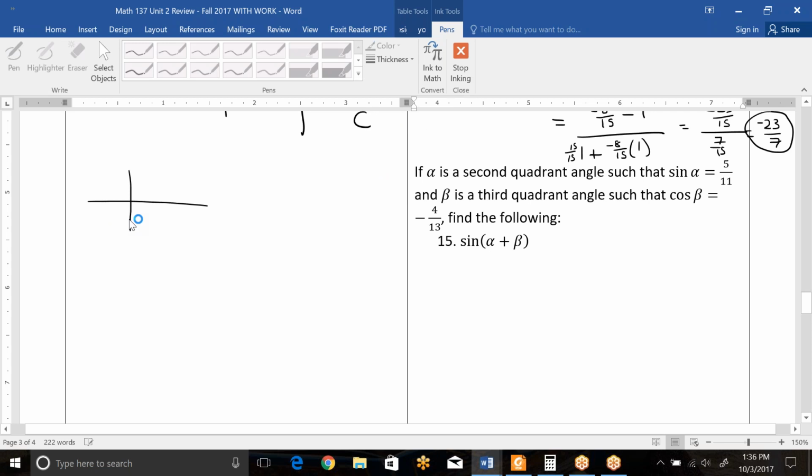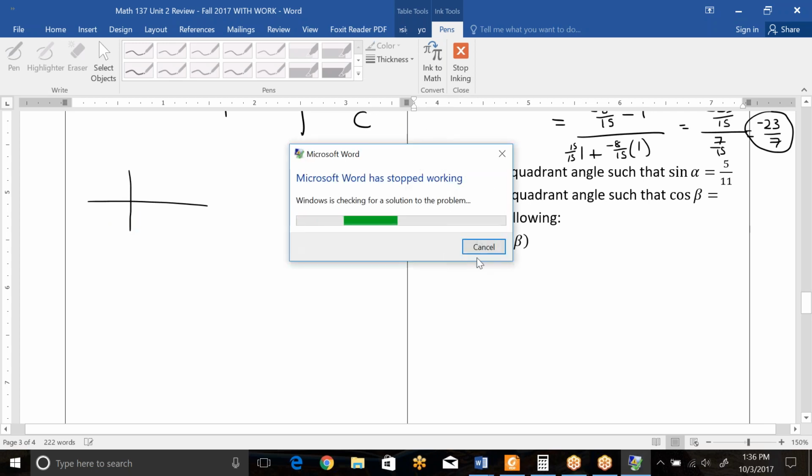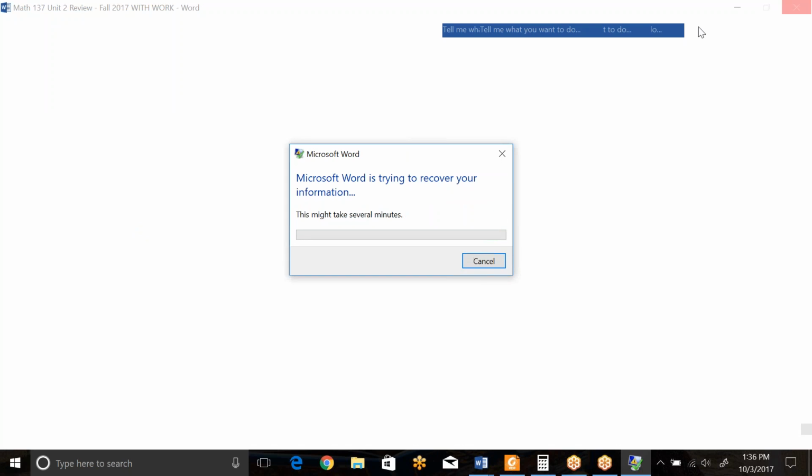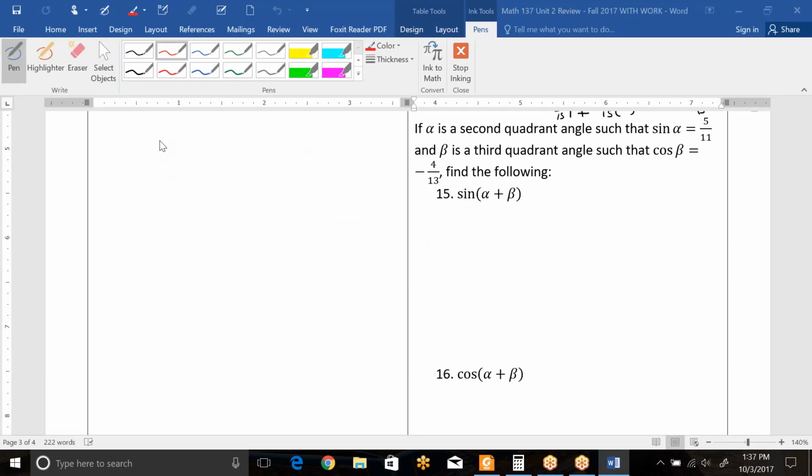So alpha is in, hang on just a second, Word is rebooting. Okay, so I'm going to redraw this alpha quadrant. So alpha is in quad 2, and they told us that the sine of alpha is 5/11, so 5/11, opposite over hypotenuse.